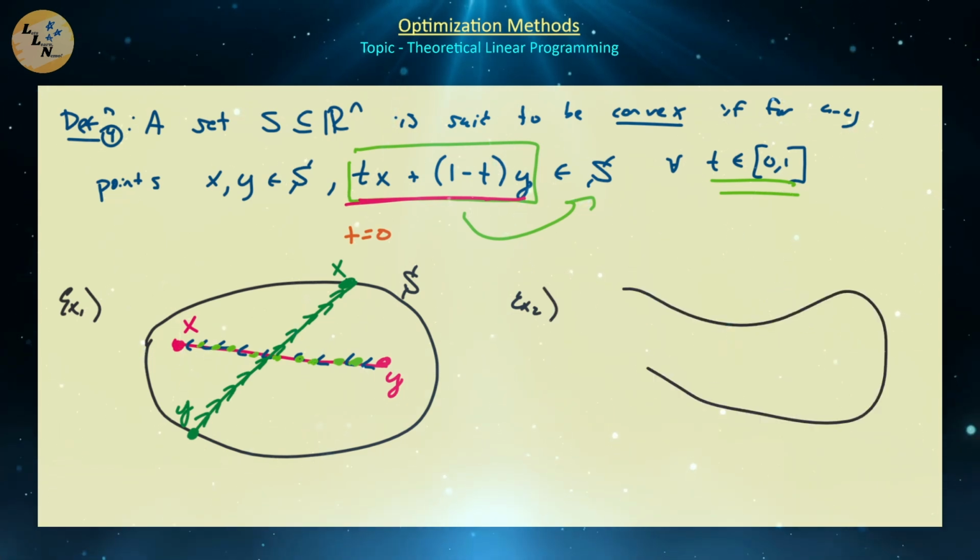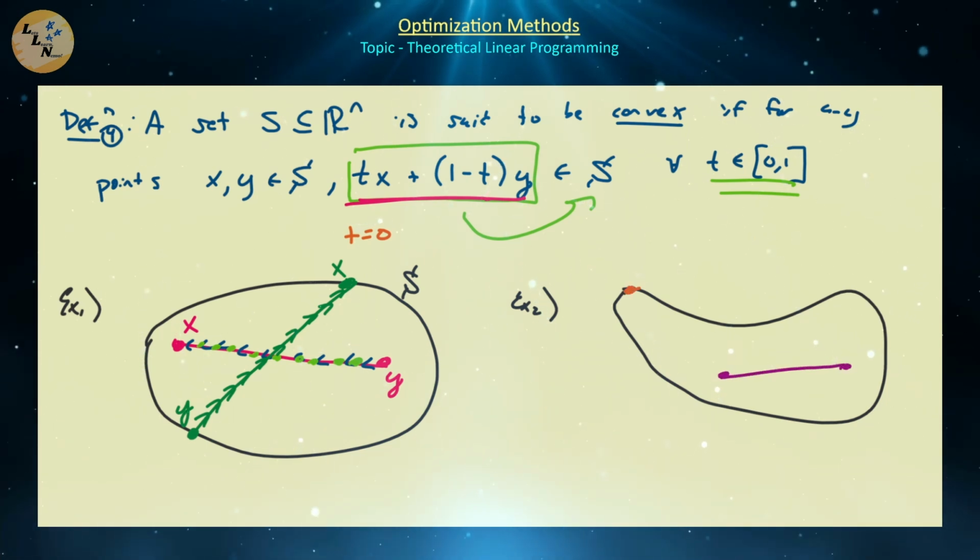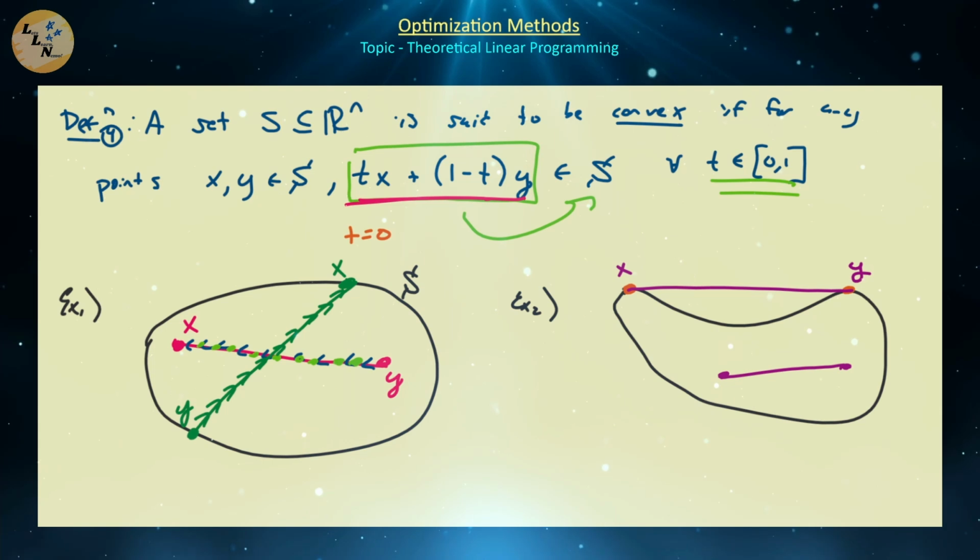For example, let's assume that we have that type of shape. If I choose these 2 points, then the line connecting them will also be in that set. But if I choose that point there and that point there and connect them with the line, for example, x and that's y, then notice that these points here are not in that set S, right?